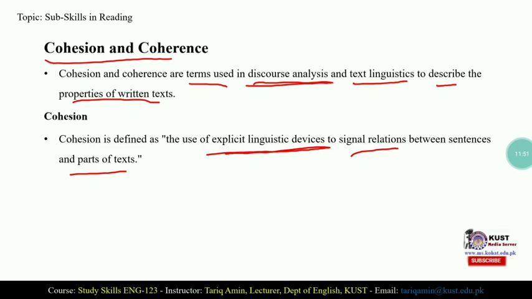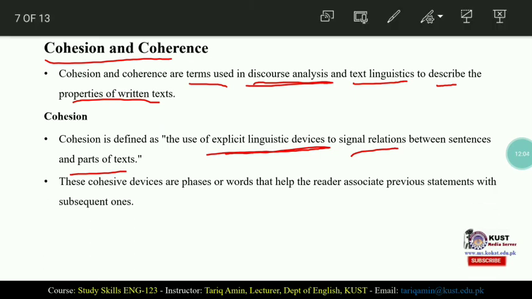So these are different linguistic devices. Conjunctions can be called linguistic devices, and some other parts of speech as well. These cohesive devices can be phrases, and these can be single words as well. Phrases and words that help the reader associate previous statements, previous sentences with the subsequent ones.